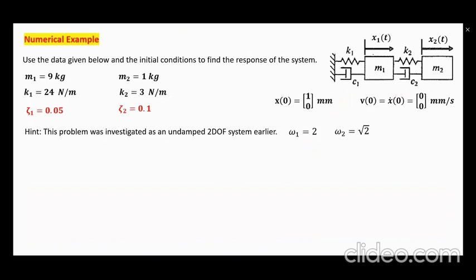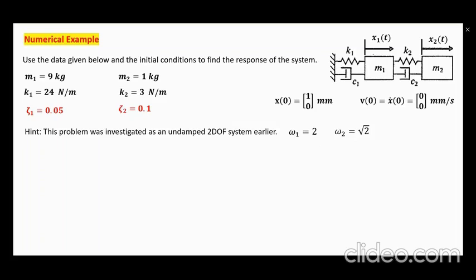Okay, so let's do an example. This problem looks familiar to you. These numbers look familiar. The reason I use these numbers is that I don't want to go through this calculation and find the frequencies, which are right here. We did it, and the mode shapes. We have already done that. In the event that you have something like that on the test, and you see something that was already done for you, you can use it.